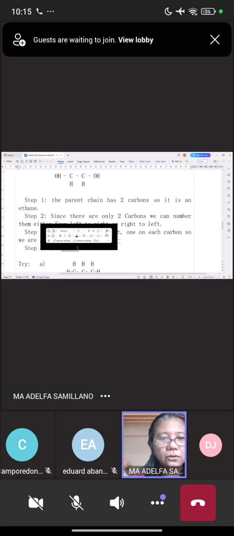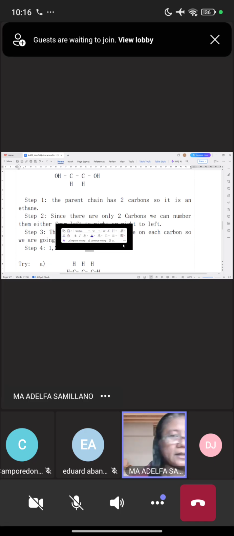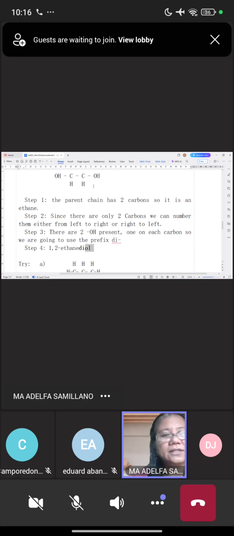There are 2 OH groups, so you have di. And to denote that it is an alcohol, we append the suffix ol. All in all, the name of this molecule is 1,2-ethanediol. So very basic.